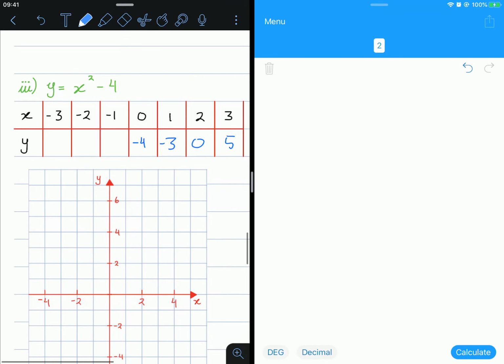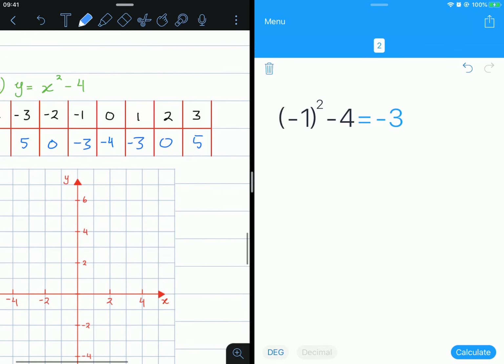Going a little bit faster now, so substituting -3 squared, take away 4 is 5, -2 squared, again making sure you see that it's got that bracket outside the -2. And notice again that it's matching on either side. 5, 5, 0, 0, -3, -3.